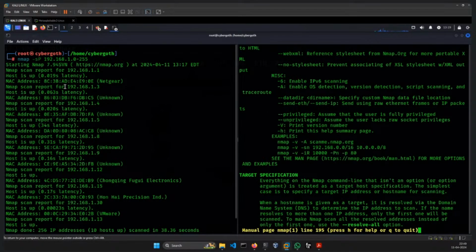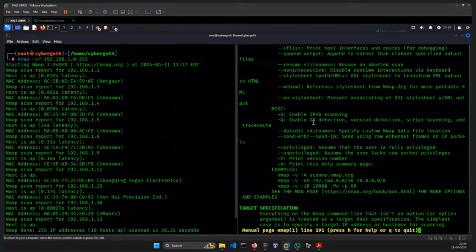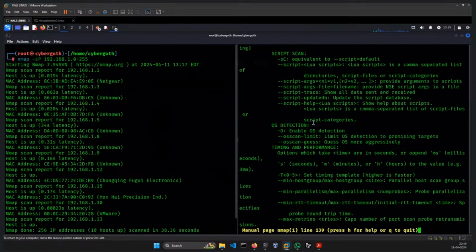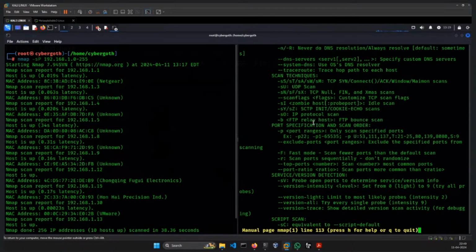All right, no issues. What we are doing over here is, if you see, we can use different kinds of methods with this S flag. Here you will see -sS, capital S, this is for SYN scan. -sT is for connect or the full TCP scan.